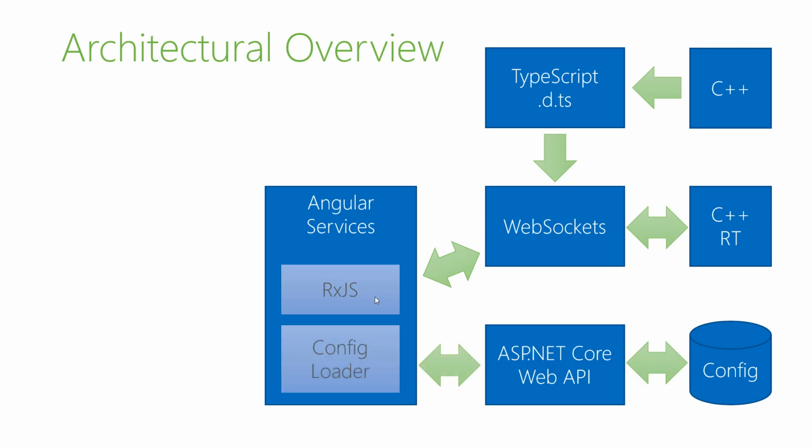So if the Angular services need to find out, okay, how many silos do I have, how do the material flows look like, and so on, it reads some configuration data from the backend using a RESTful web API using this ASP.NET Core stuff. This is again encapsulated into Angular services, and of course we use the powerful Angular dependency injection system to make this all configurable. So every production plant looks a little bit different.